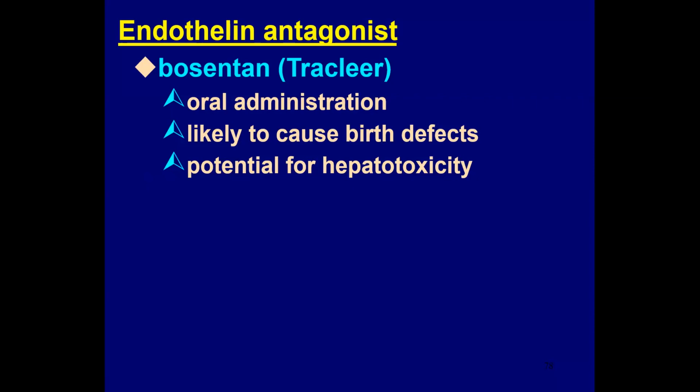It does have a potential for hepatotoxicity, damage to the liver. However, there is even evidence: one patient overdosed on a very large dose of bosentan and had only moderate side effects, but came out of it okay, with no long-term effects.